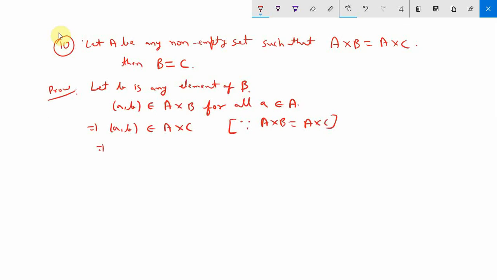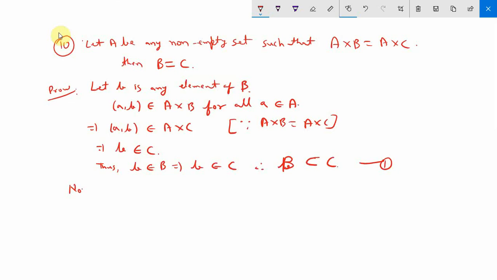So from this we can write b is an element of C. Thus b is an element of B implies b is an element of C. Therefore we can write set B is a subset of C. Okay, this is first relation.